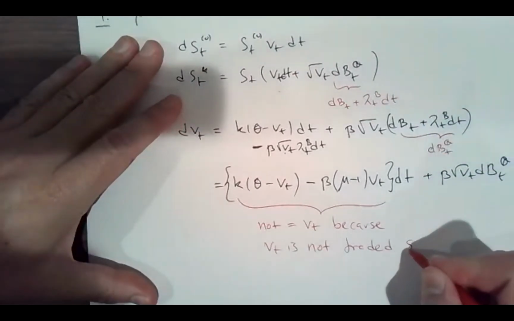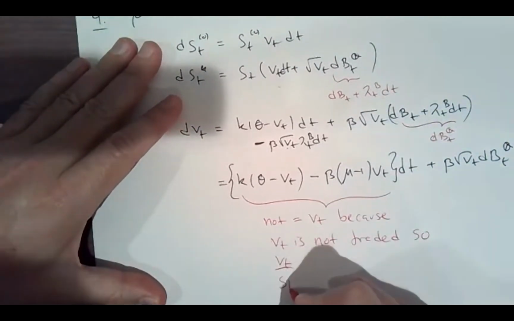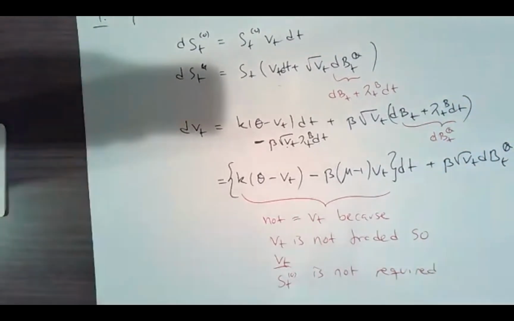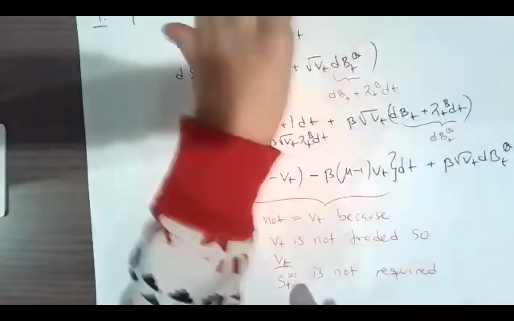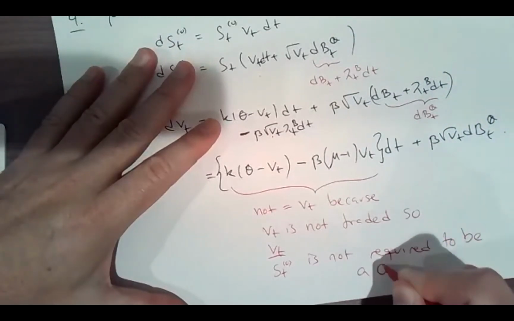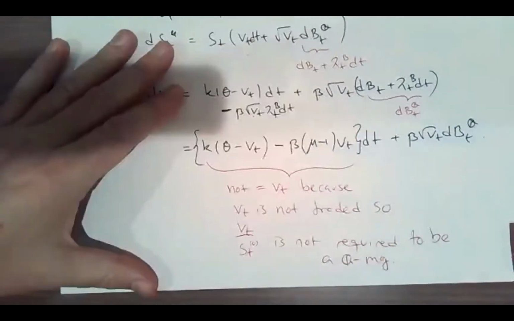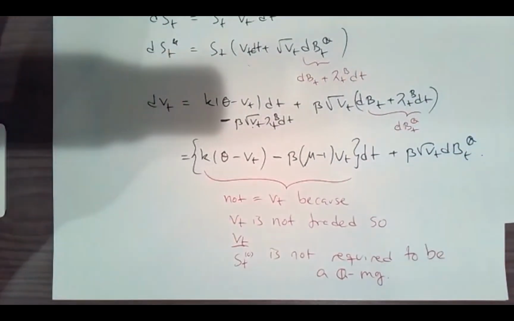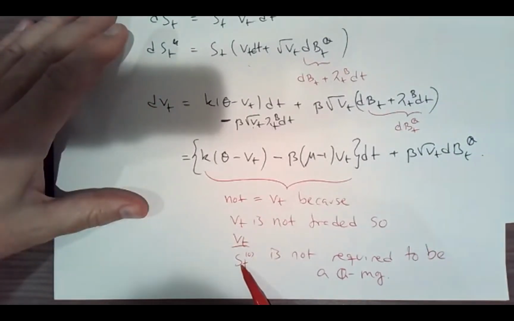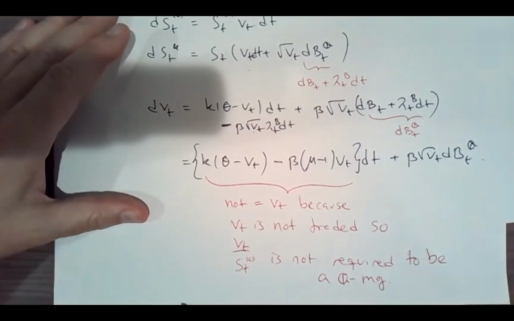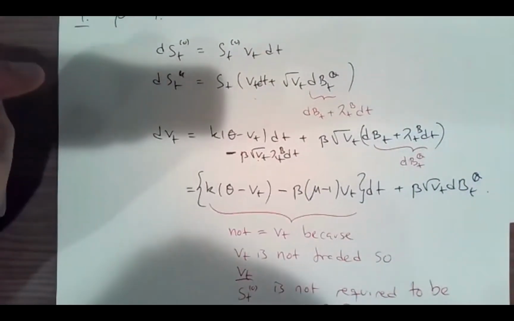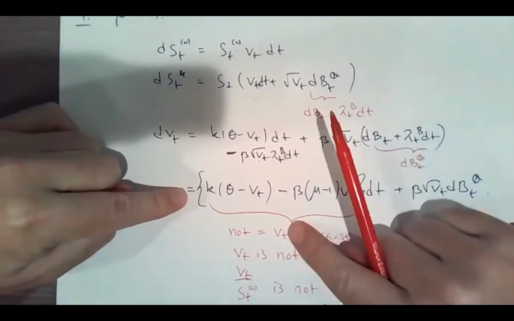So this is not traded, and it is not required to be a Q martingale. V is the interest rate. It's not the price of anything. Only traded securities, when you discount them by the bank, are required to be martingales, equivalently required to have the interest rate as the drift. So this mess here doesn't have to be V.